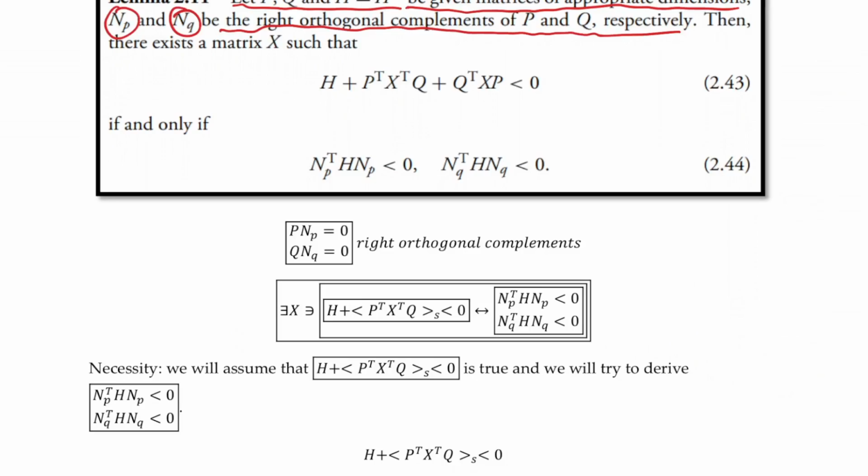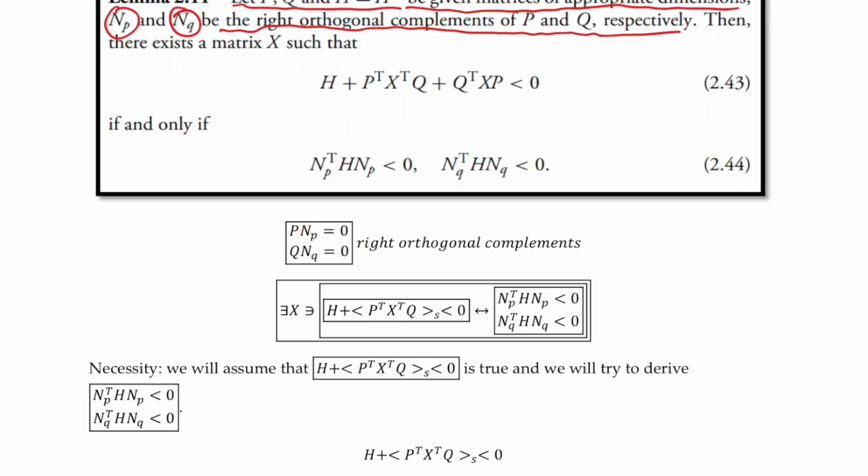It's kind of like a null space in a way. Whenever we have a matrix P, because NP is located at the right of the P matrix, there exists such a matrix N that gives the zero matrix.